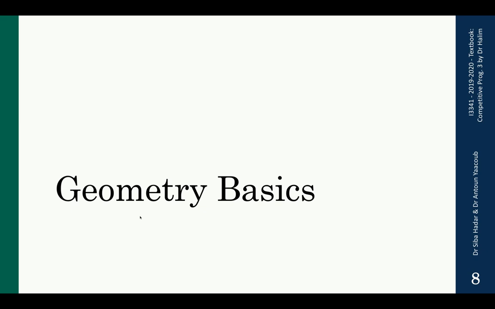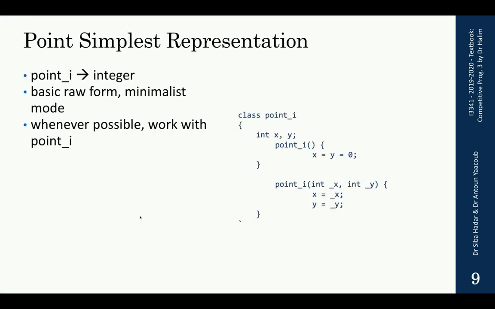Geometry basics. So we begin the first part of this chapter. As we said, the first part is about geometric basics, and the second part about polygons. First we have to represent a point, because every geometric shape is defined by the points it contains.